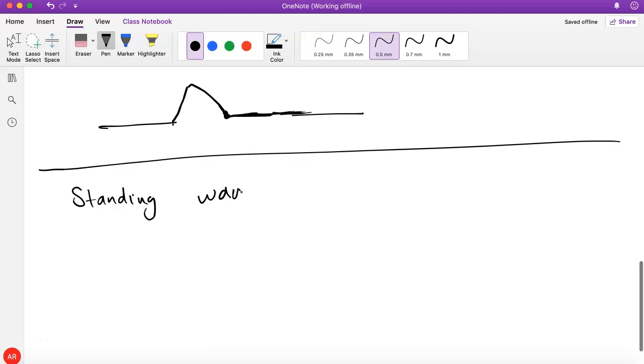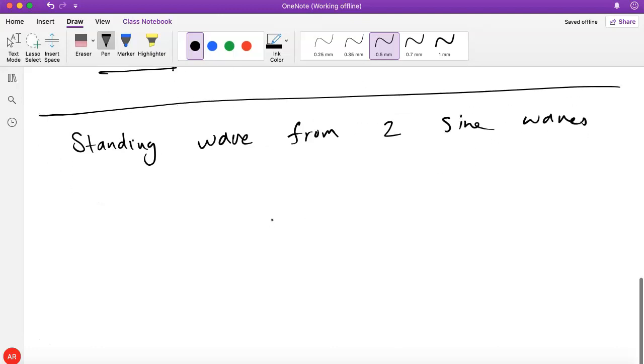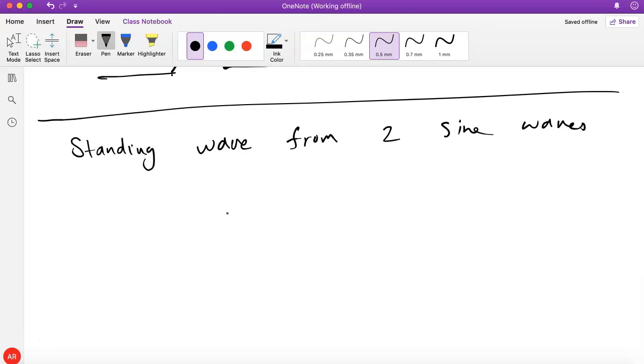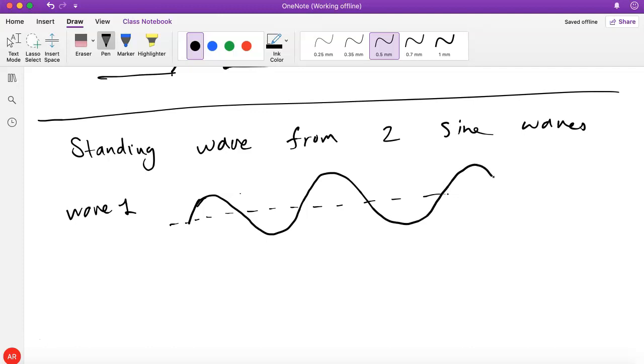So, standing wave from two sine waves. Okay. So let's say I have wave 1 that looks like this, and is moving this way.